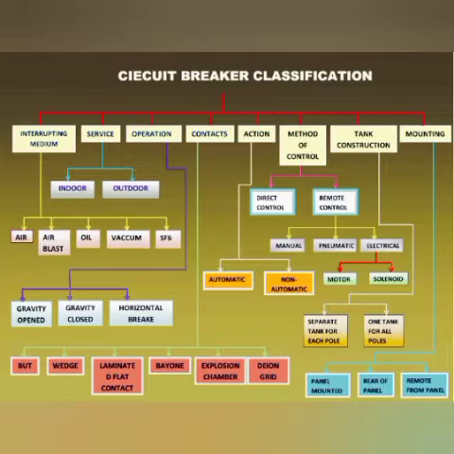These are the mediums used for breaker operations. And services are indoor and outdoor. SF6 breakers are kept in an outdoor station, while indoor means vacuum circuit breakers. These are the common classifications of circuit breakers. You can pause the video and check once.